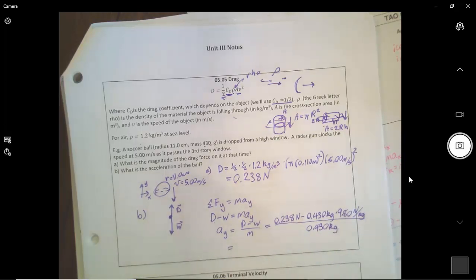And we're going to end up with, let's see here. I seem to get negative 9.24 meters per second squared.